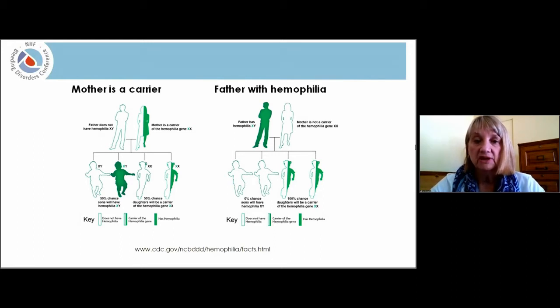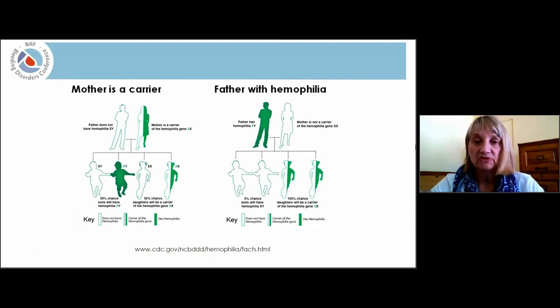If the mother gives her X to a male child, the dad will give his Y. That's what determines he's a male. But if he gets that X that carries the hemophilia gene, that child will then have hemophilia. If a little boy gets mom's X that does not have the hemophilia gene, he will not be affected by hemophilia.